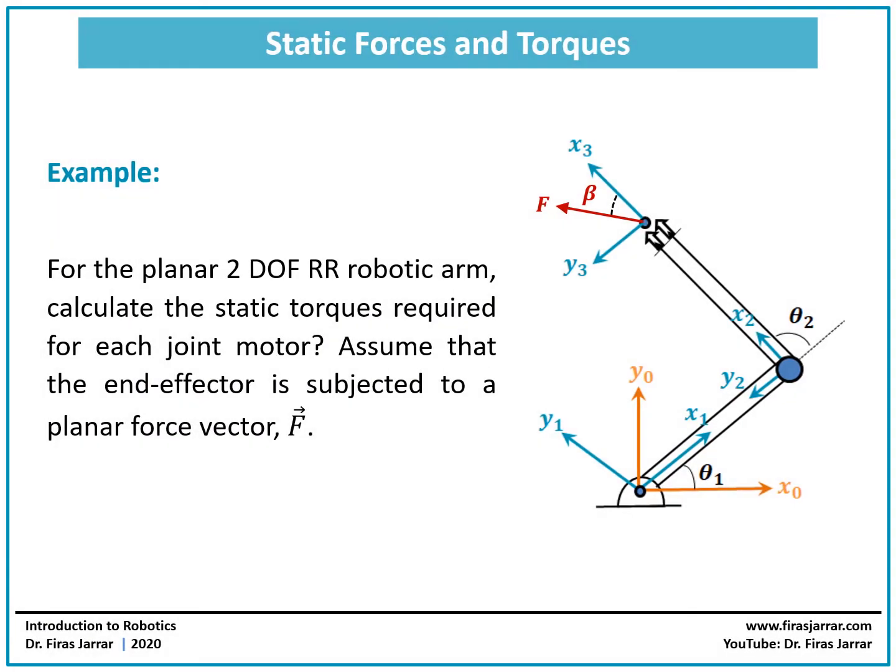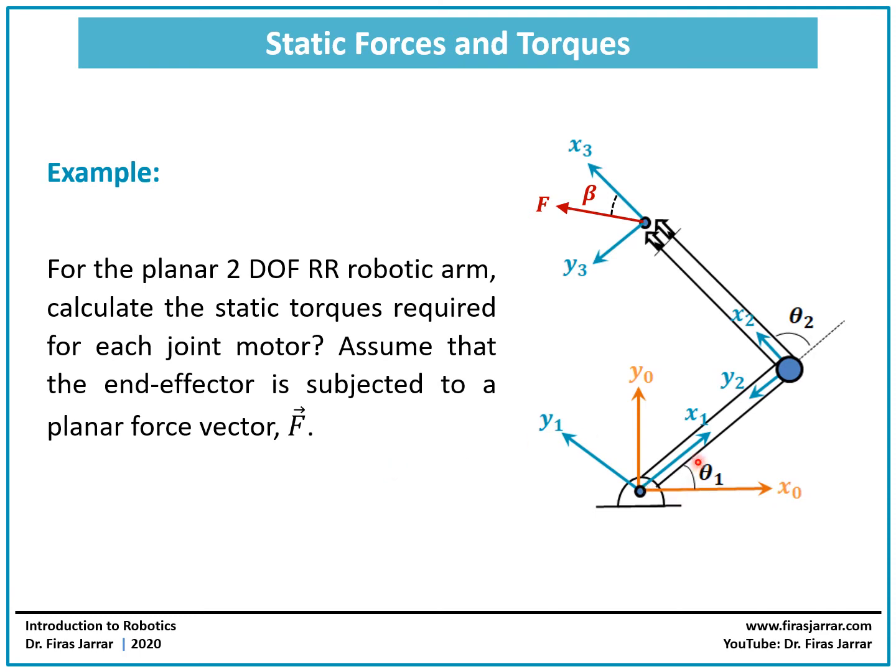Here we have an example where we consider a planar 2 degrees of freedom robotic arm. We have two joints, both of them revolute joints, represented by theta 1 and theta 2. We are required to calculate the static torques required for each joint motor.